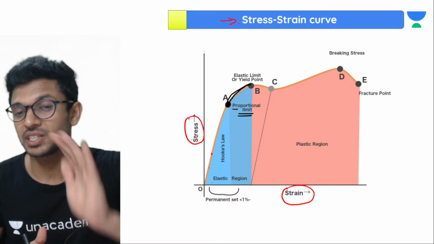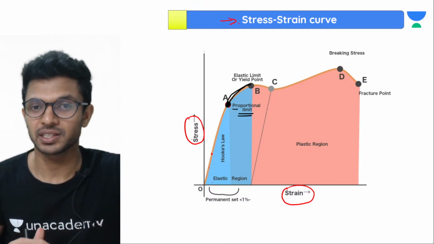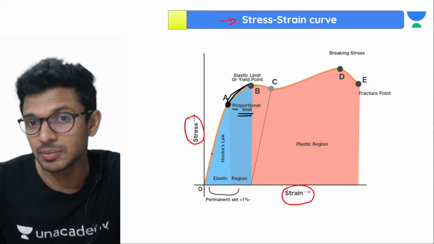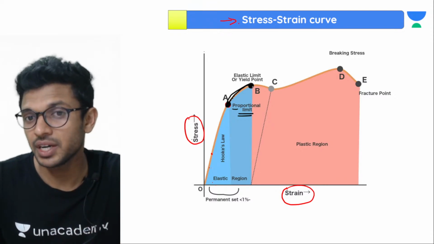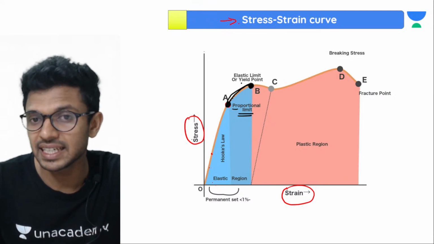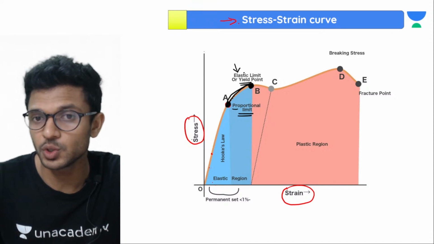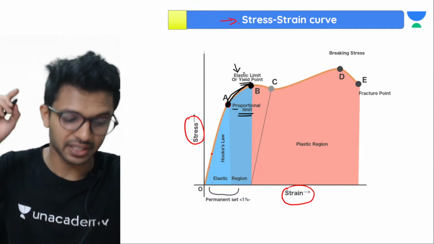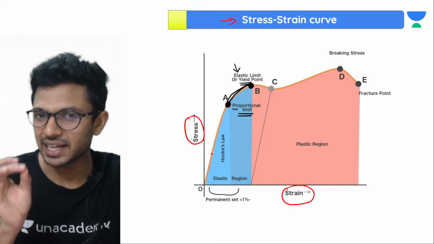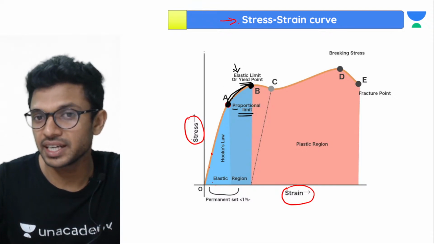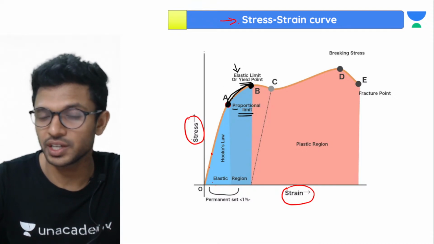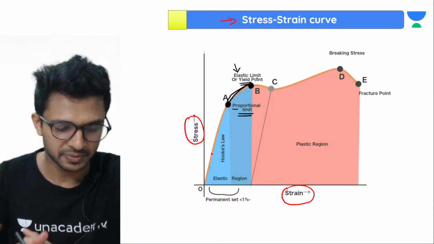So that is the speciality of the region A to B. So the maximum point till which the body will be acting as an elastic body, we call this point the yield point, or also the elastic limit. The maximum point till which the body will be acting elastic, we call it elastic limit or yield point. It is very important.